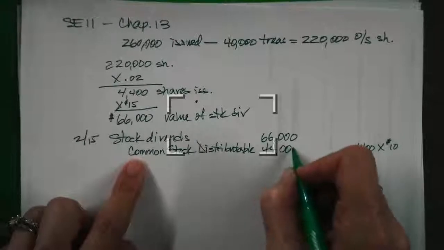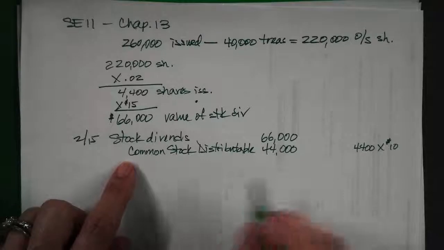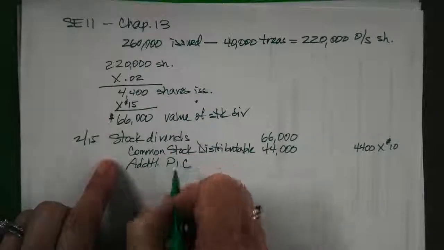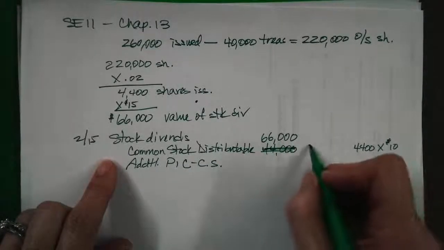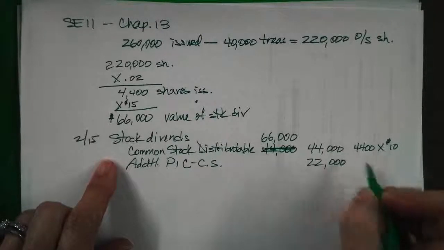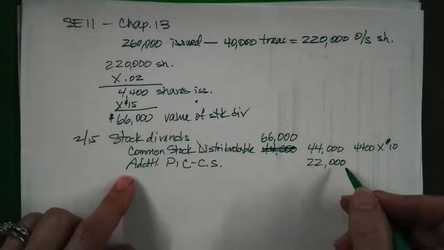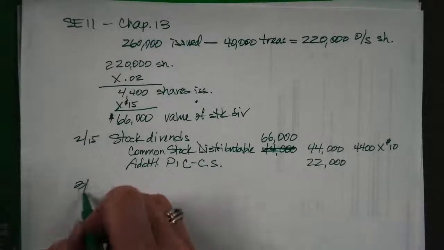Because see, we're actually going to increase the common stock that's out there. And then the remaining account is additional paid in capital common stock. Okay. So see, the extra $5 above par value goes into additional paid in capital, just like we were selling the stock.